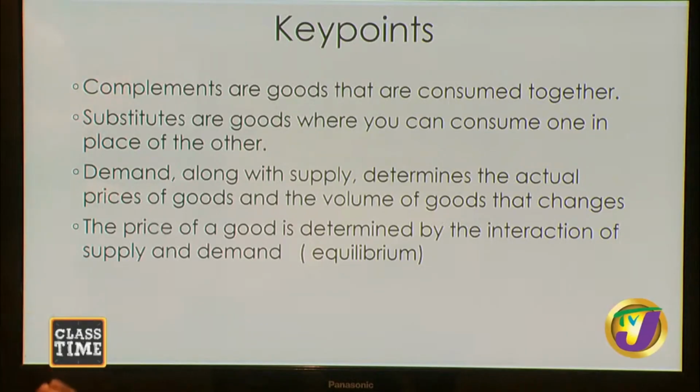Substitute goods are consumed in place of the other. An example of substitute goods is lettuce and cabbage. Demand along with supply determines the actual price of goods and the volume of goods that change hands. The price of a good is determined by the interaction of supply and demand.